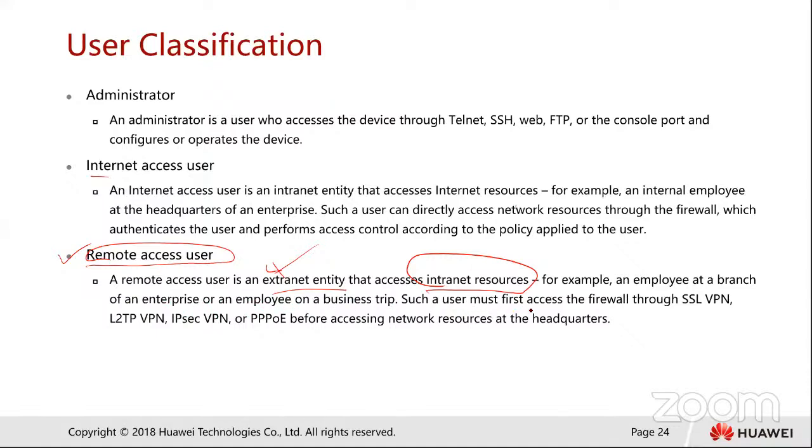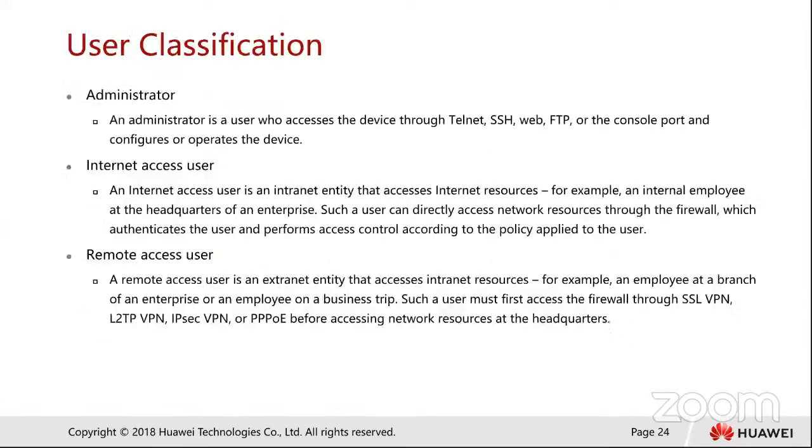Such a user must first access the firewall through a secure line, such as SSL VPN, IPsec, L2TP VPN, or PPPoE. We shall look at VPN in chapter 4, module 4. So before accessing the network resources at the headquarters, there must be some kind of virtual private network to enable them to access the intranet resources.